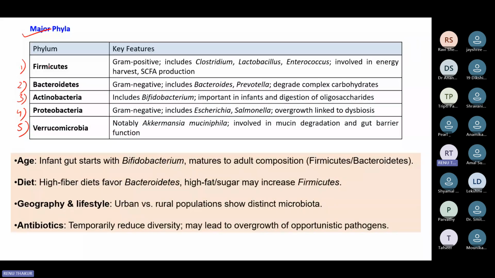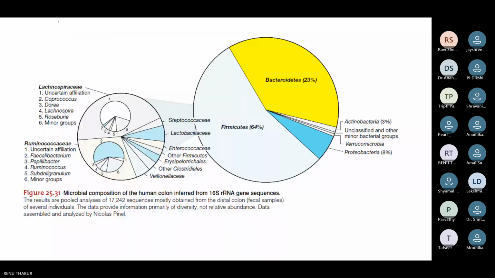Apart from that, bacteroidetes, actinobacteria, proteobacteria, and verrucomicrobia. Firmicutes are gram positive bacteria and bacteroidetes are gram negative bacteria. First of all, you should know about the different microbial diversity in a body.